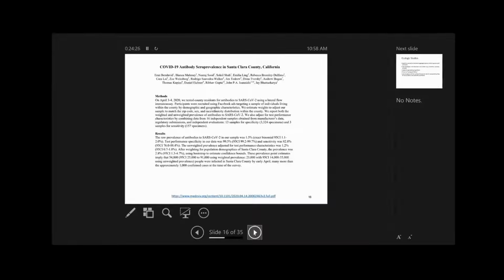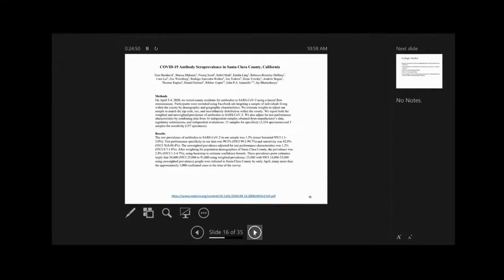So on 2 days, April 3rd and 4th of this year, they tested something like 3,000 plus people in Santa Clara County, recruited using Facebook ads, and then they came to a drive-by center. They got the blood test done, and then you say what proportion of these Santa Clara County residents were positive on COVID-19 antibodies. Okay, the goal here is to really get at the prevalence.